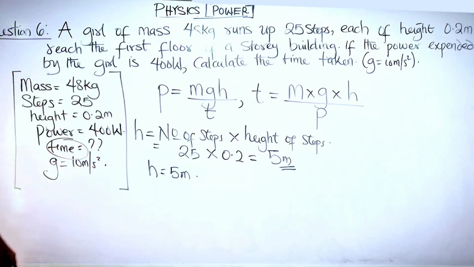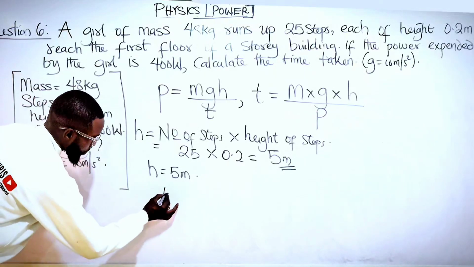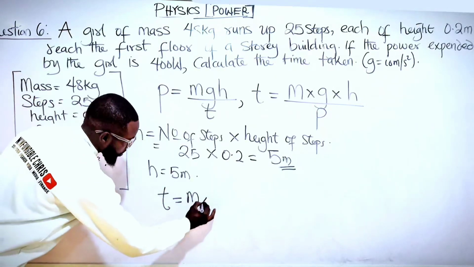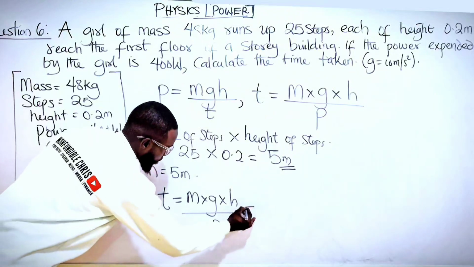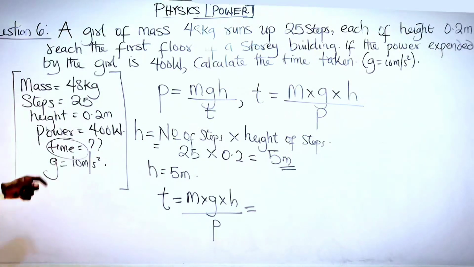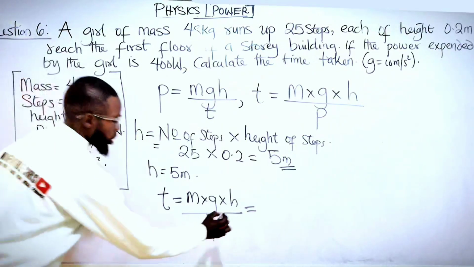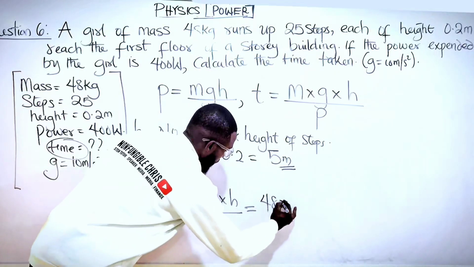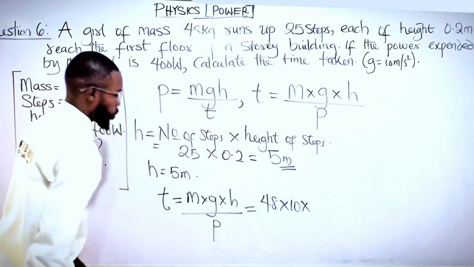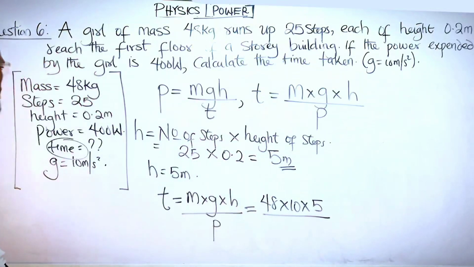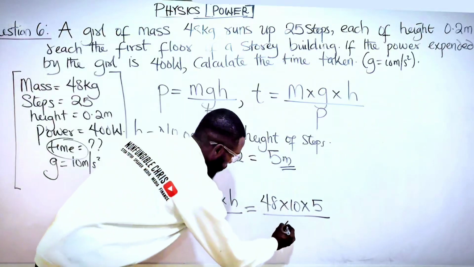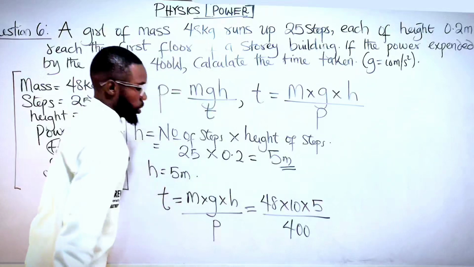Alright, if we plug it in, we know that our time, which is m times g times h over the power, becomes: our mass there was 48, so we have 48 times 10 times our height, which is 5, over the power of 400, given as 400 watts, right?